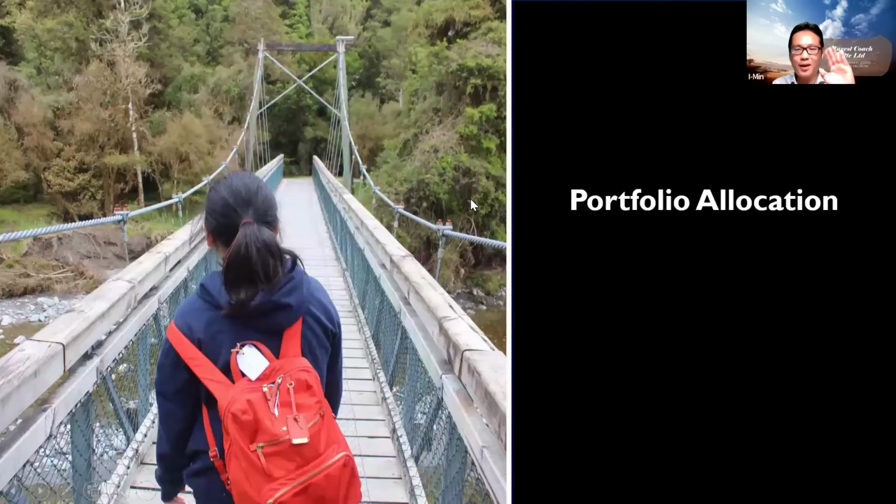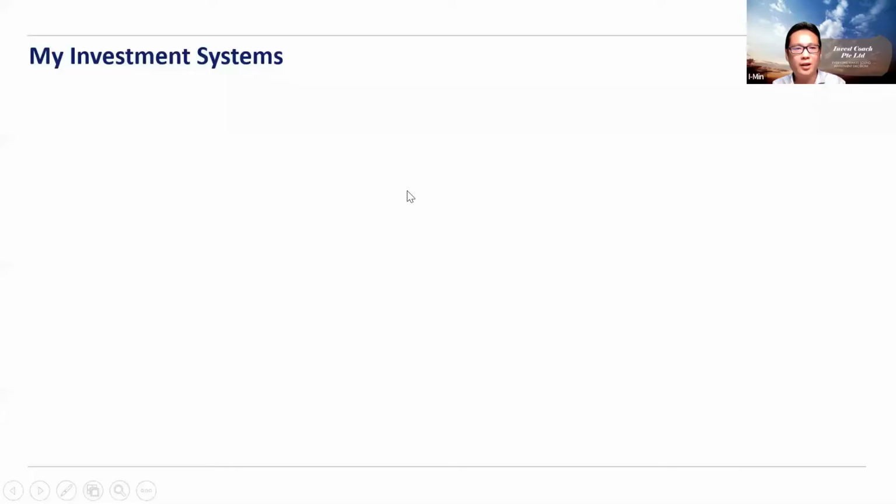So first part of portfolio construction done. The next thing is about portfolio allocation. So how should you allocate a portfolio? This is the part whereby I realize a lot of people are doing things that don't achieve the objective. As mentioned, a lot of people will tell me, yes, I want financial freedom.